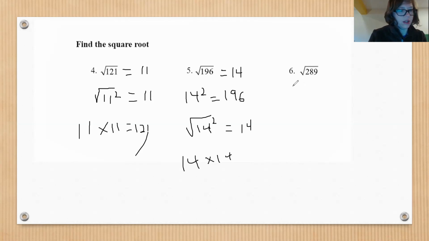But I know that 17 squared, which is the same thing as 17 times 17, gives me 289. So that means that the square root of 289 is going to be 17.